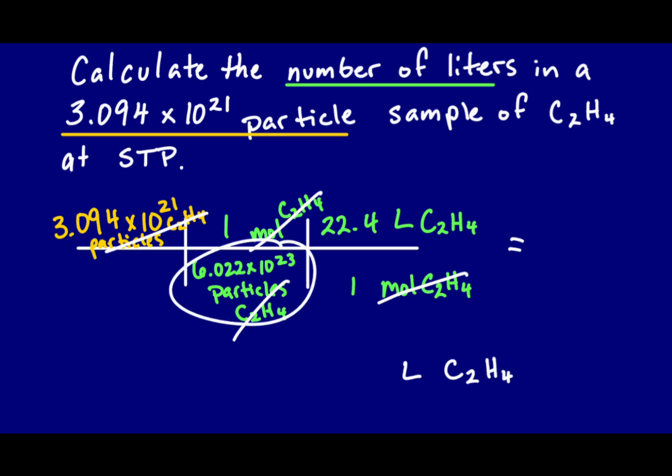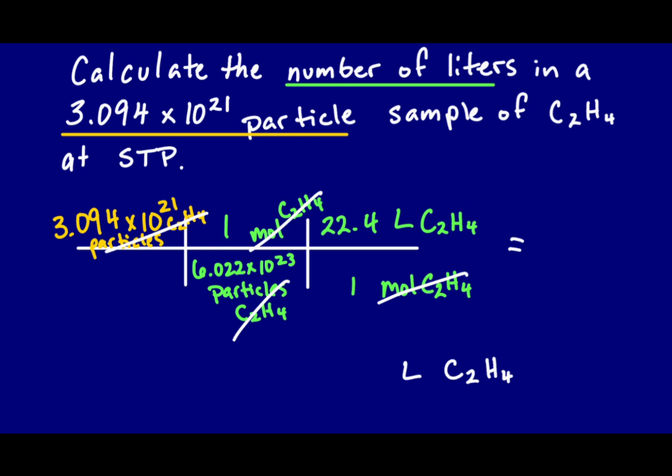Avogadro's number is in the denominator, which means we will divide by it. Molar volume is in the numerator, which means we will multiply by it. So we get 3.094 times 10 to the 21st divided by 6.022 times 10 to the 23rd multiplied by 22.4. That is going to give us liters at the very end of this.